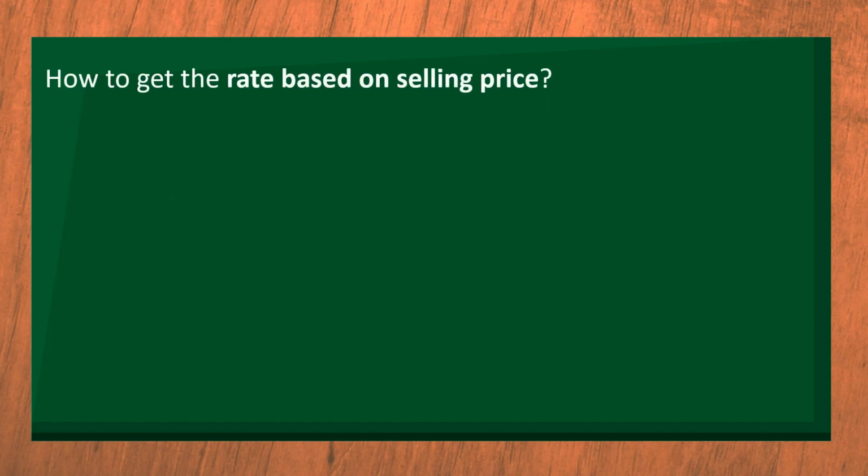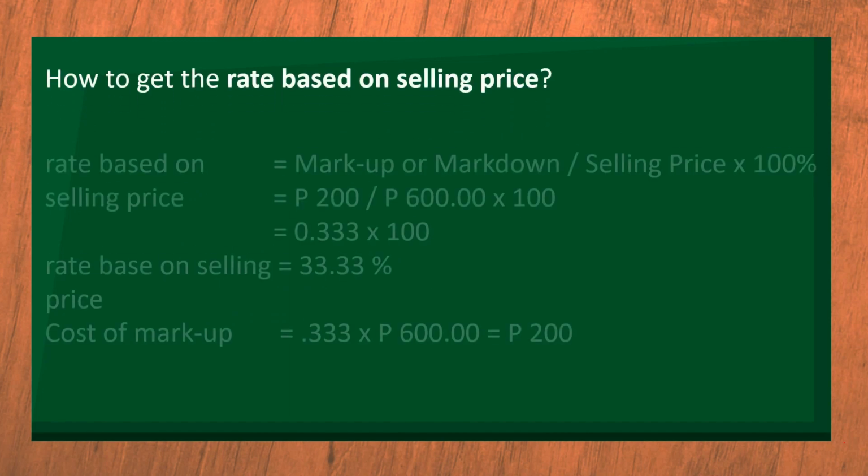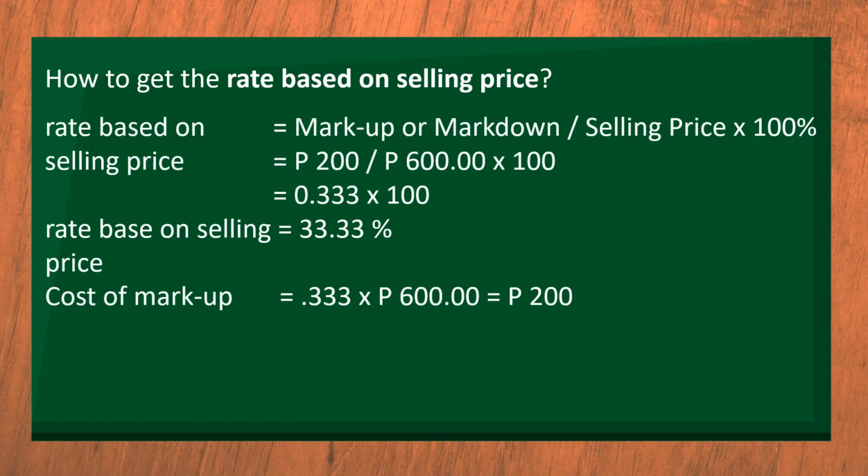How to get the rate based on selling price? Rate based on selling price is equal to markup or markdown divided by selling price multiplied by 100%, which is equal to 200 pesos divided by 600 pesos times 100%, which is equivalent to 0.333 multiplied by 100%.